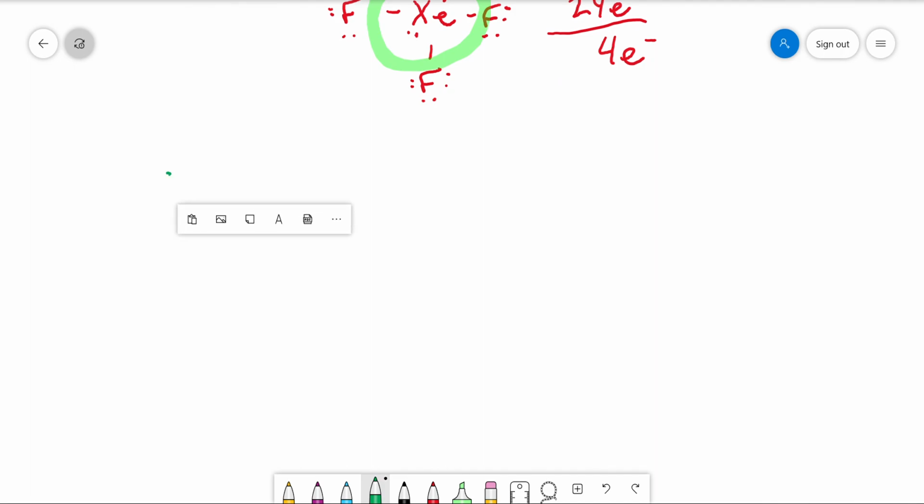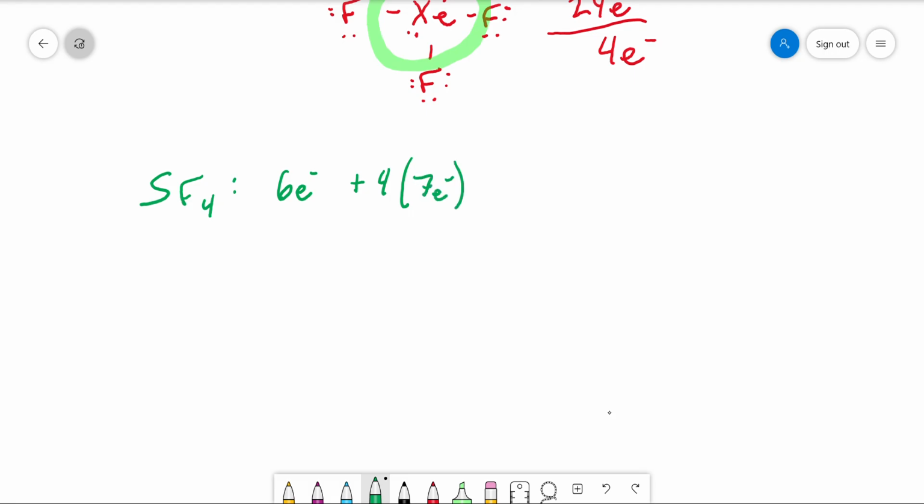So once you go ahead and do SF4. Okay, I assume you've done SF4, so we'll go ahead and do it together. Sulfur has 6 electrons, plus 4 for fluorine. It's starting to become a little repetitive, hopefully, and you're starting to get the hang of this.